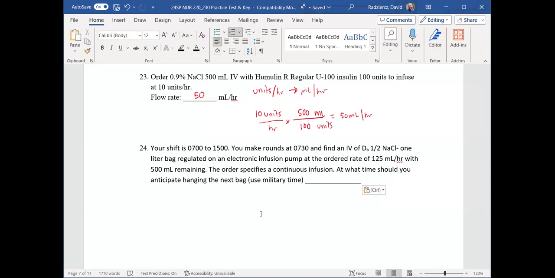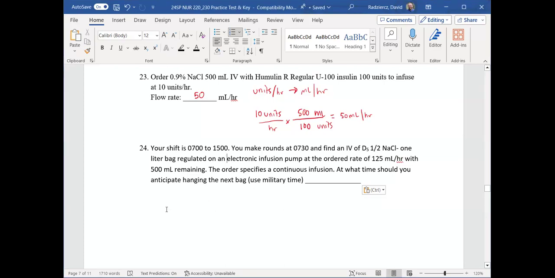The order specifies a continuous infusion, and it says at what time should you anticipate hanging the next bag. Now that I've created a little bit of a different scenario, hopefully this is a little bit more straightforward, but let's answer it.